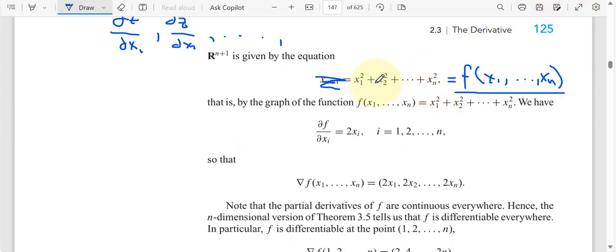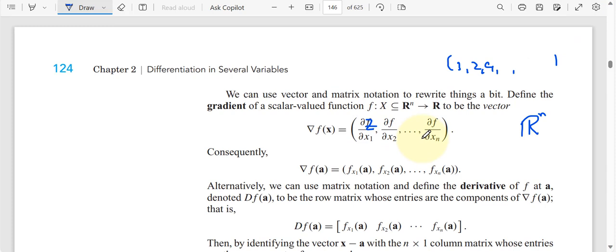We have the partial derivative with respect to x1 and the partial derivative of this whole thing with respect to x2 and so on. So we have all of those partial derivatives that we can think about, and we just want to put them in an organized list. So we put them in this organized list, but then we can recognize, oh, that list we can think of as a vector itself, which is maybe a nice thing to think about.